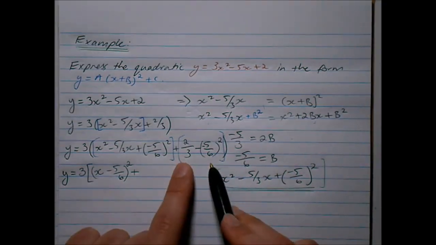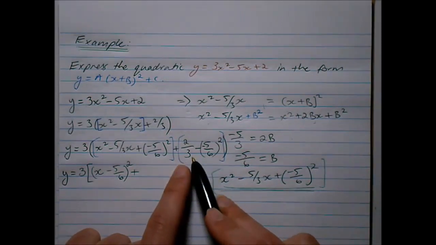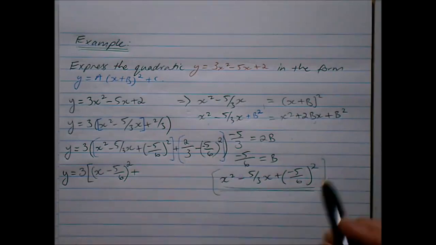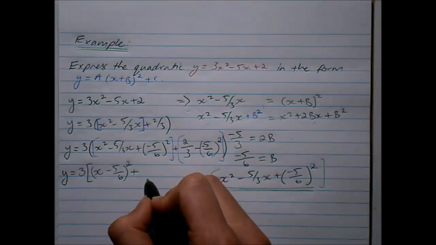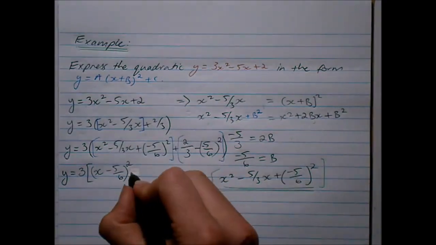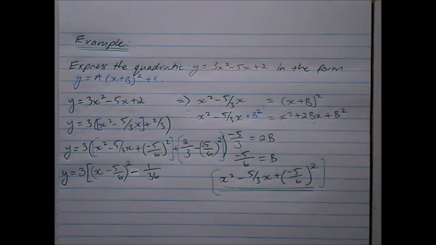Okay, and that's just a number. We can just compute that. And we get 2 on 3 minus, that's 25 on 36. And that gives us minus 1 on 36. Okay?